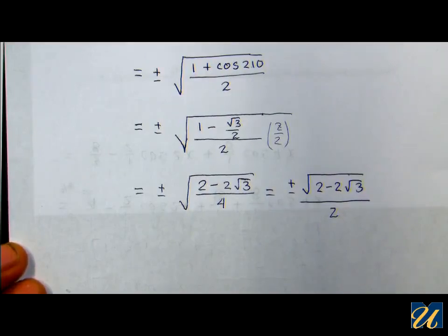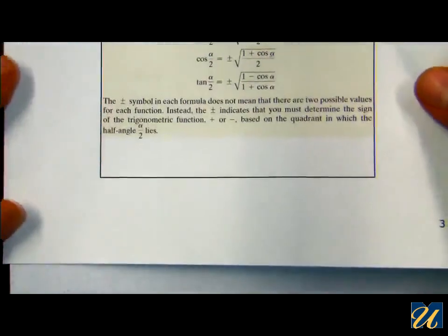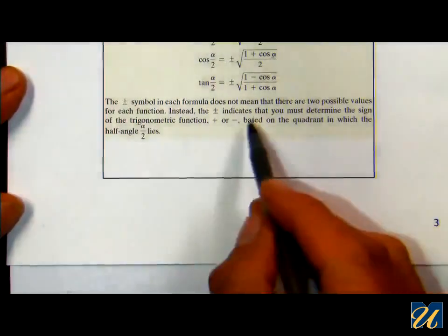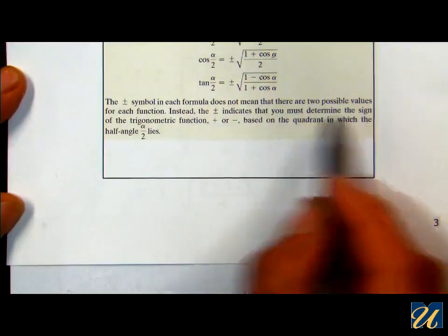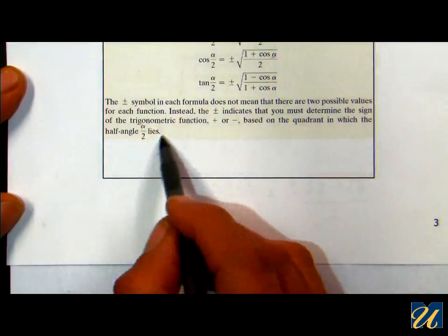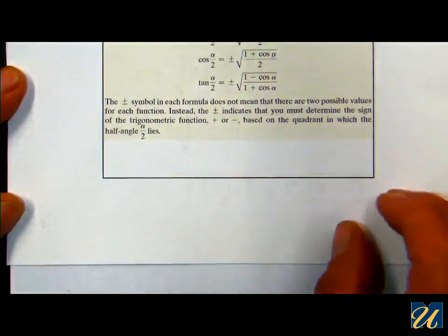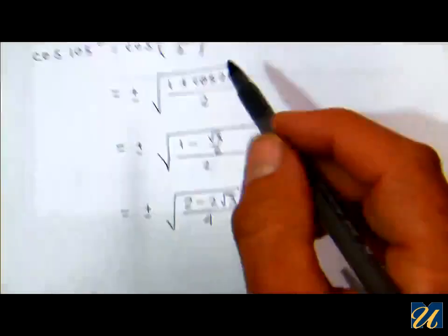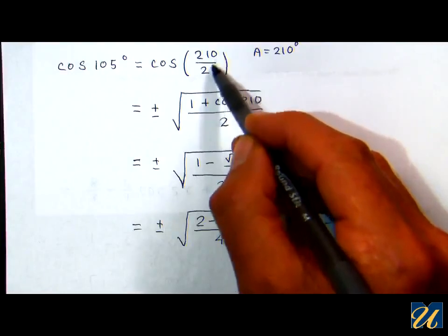Now, as far as do we use the plus or minus, recall here that it says the plus minus sign is chosen based on the quadrant in which A over 2 lies. So A over 2, who is A over 2? This is A over 2, right?